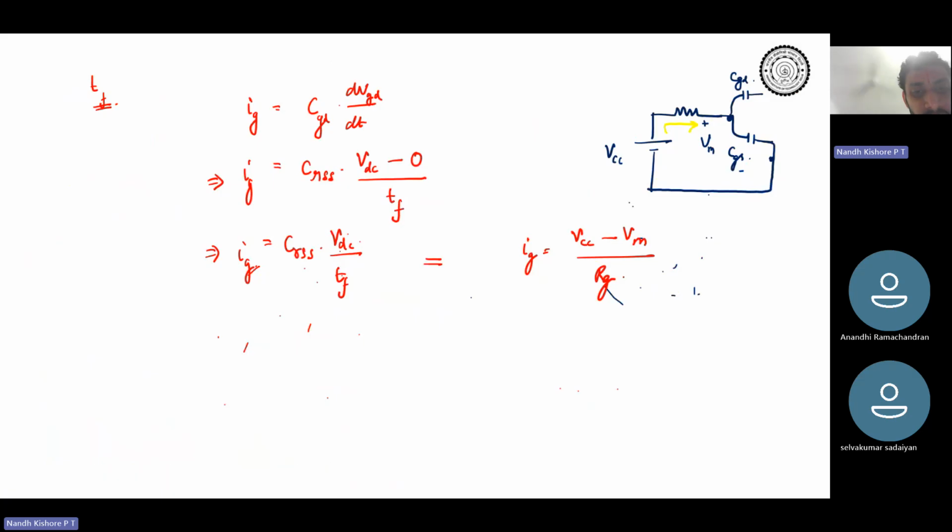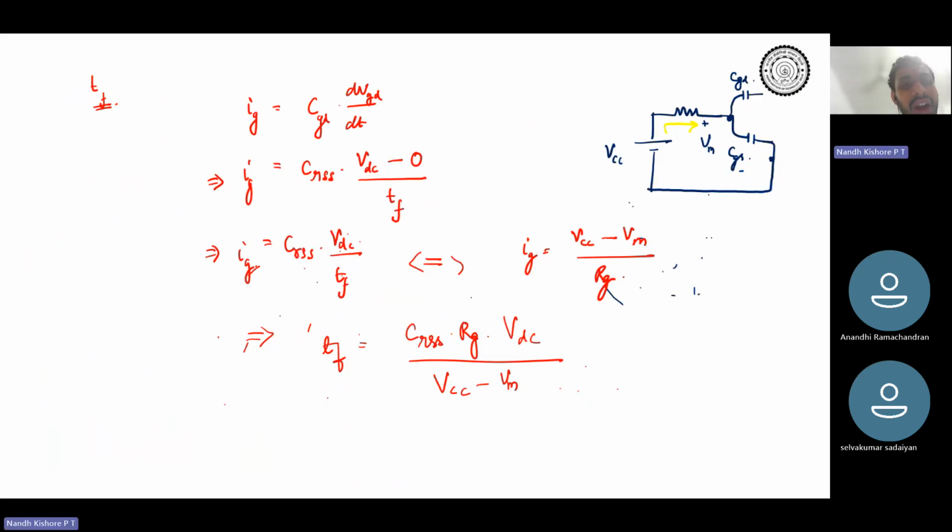Therefore, you will get TF. TF is going to be CRSS into RG into VDC divided by VCC minus VM.